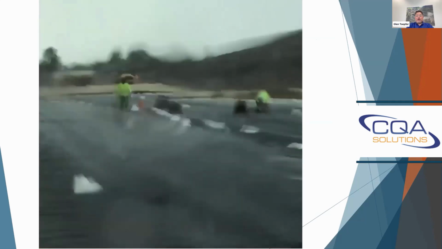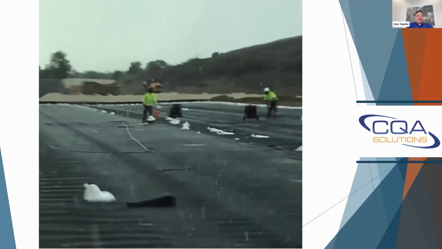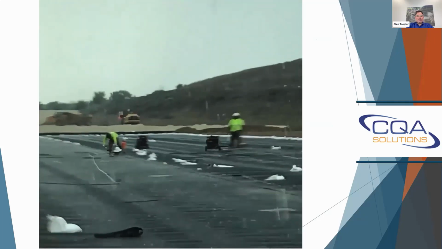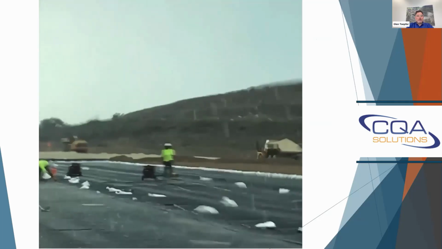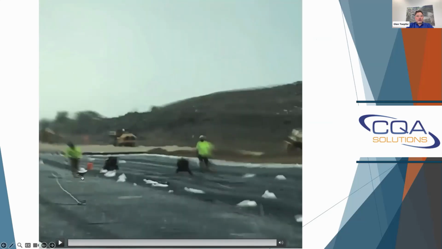Here's the weather. We have some installers out there. They got a good downpour and they got a hard hat on the fusion welder to at least keep it dry while they're welding in the downpour. But quality is even secondary at this point. This is a big safety issue, having electrical components, electrical cords running all over a conductive geomembrane.